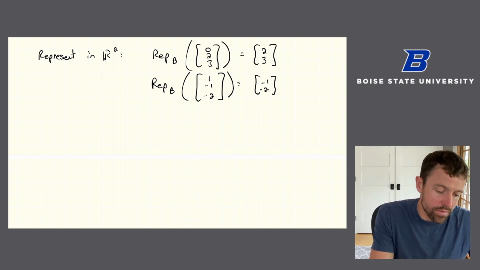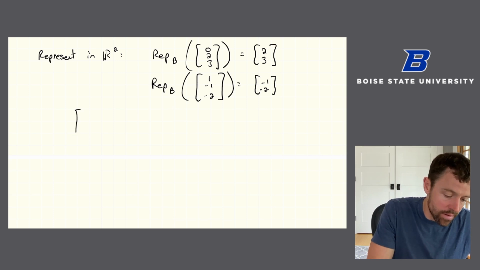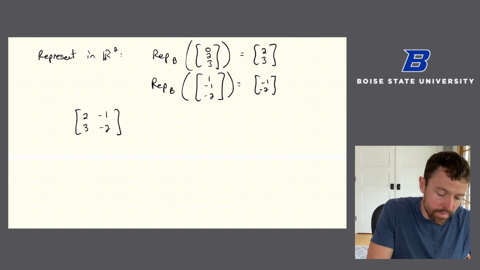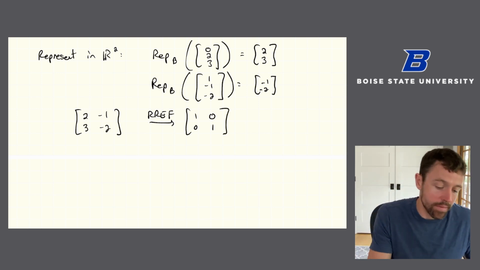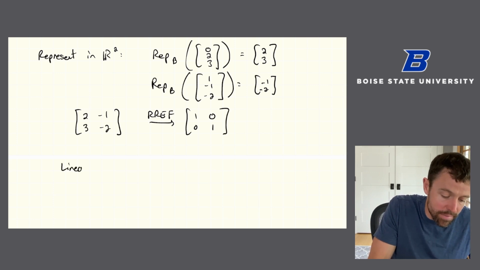And so what we have to do is write down our matrix by writing these as the columns. We need to convert to reduced row echelon form. Now we have a pivot in each row and each column, and so that means that these are linearly independent.